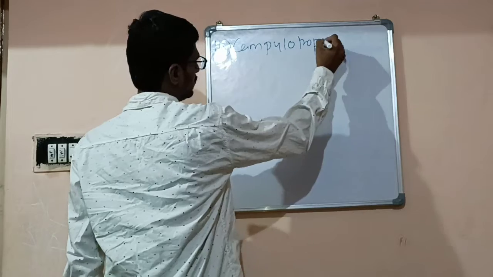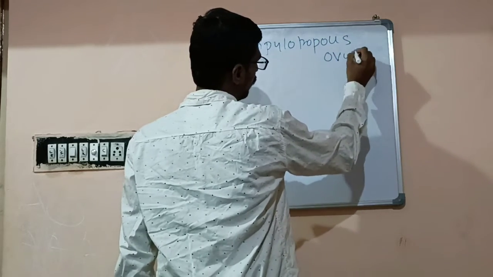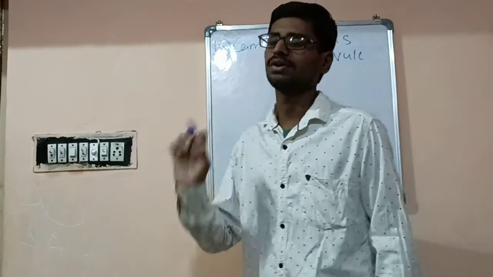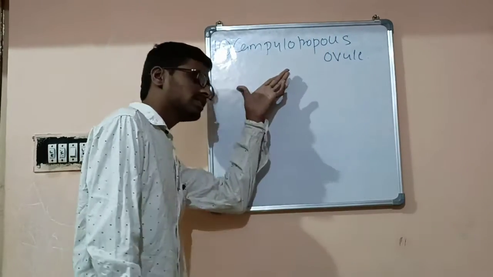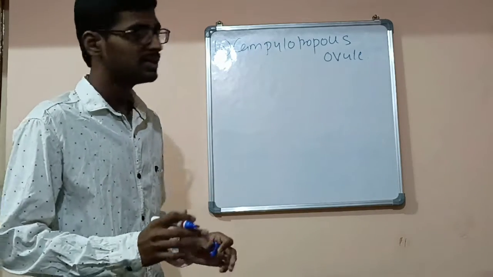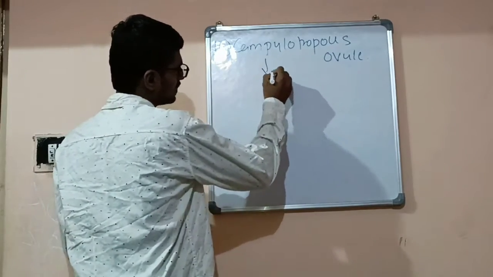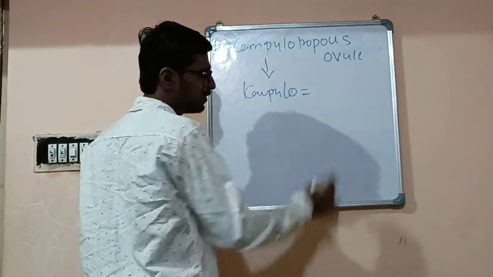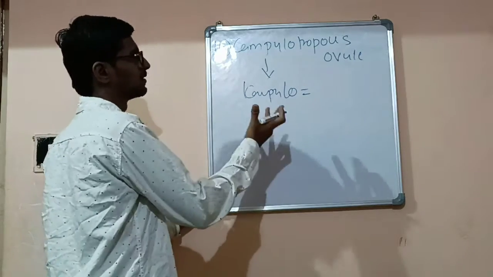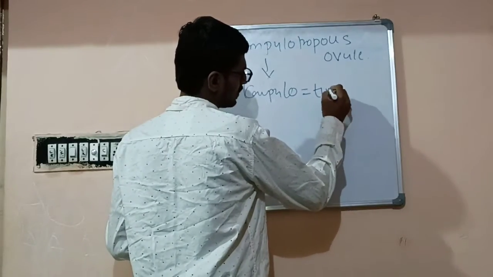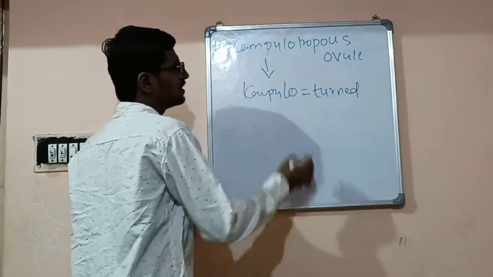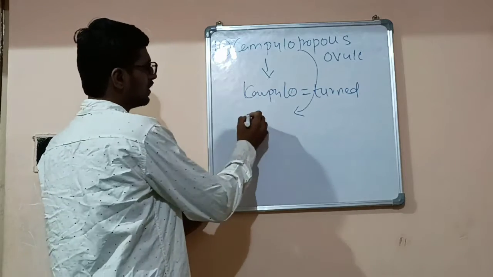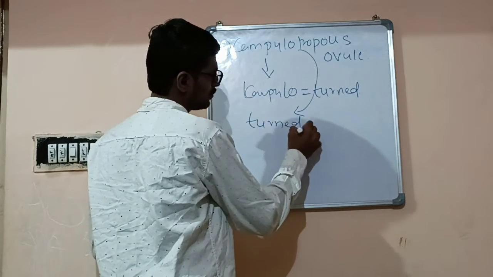This is a type of ovule we can see in many cases; I will mention the example. This is called the campylotropous ovule. In the Greek word, campylo means turned, completely turned, and tropous is also equal to turn.